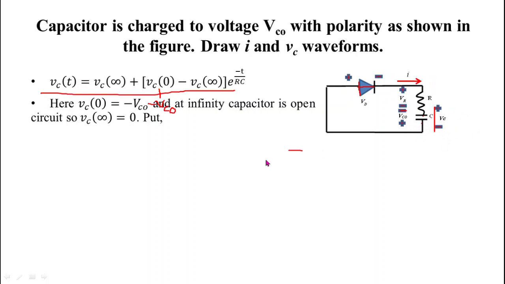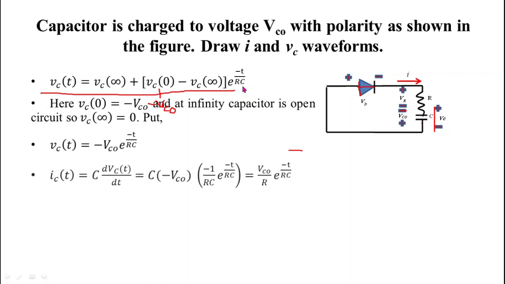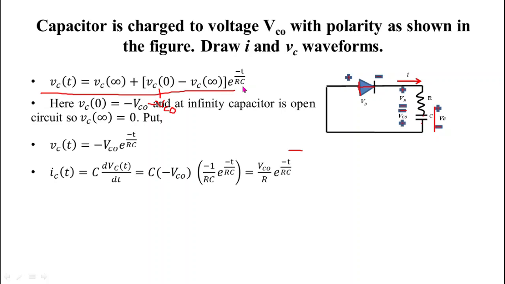So we get VC(infinity) equals 0. Putting VC(infinity) equals 0 and VC(0) equals minus VC0 in this equation, we get VC(t) equals minus VC0 e to the power minus t by RC, and IC(t) equals VC0 by R e to the power minus t by RC.